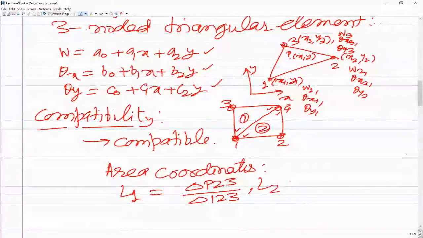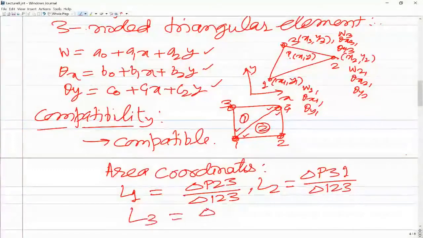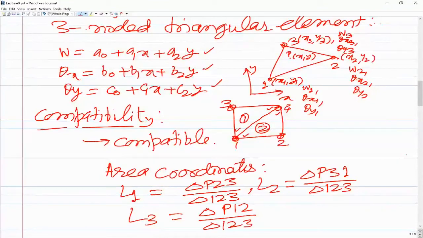L2 is the area coordinate corresponding to node 2, so that is the area of triangle P31 divided by the area of triangle 123. Area coordinate L3 corresponds to node number 3, so that is the area of triangle P12 divided by the area of triangle 123. This is how you define the area coordinates.